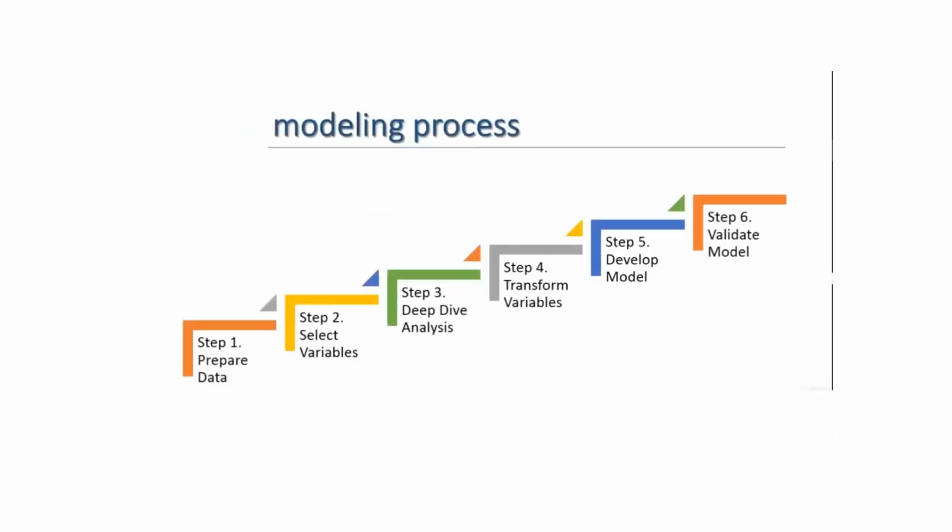Let's say a traditional machine learning model involves this process. We start with the data, and we prepare the data. Preparing the data is also referred to as data cleaning. Then the variables are selected, which is referred to as feature engineering. Then a much deeper analysis is done where a data scientist may build custom variables. That's a little advanced, so we'll not go into that.